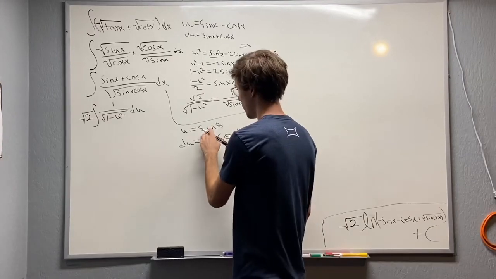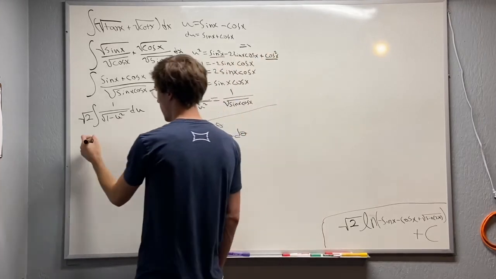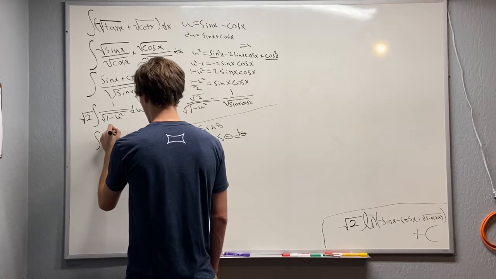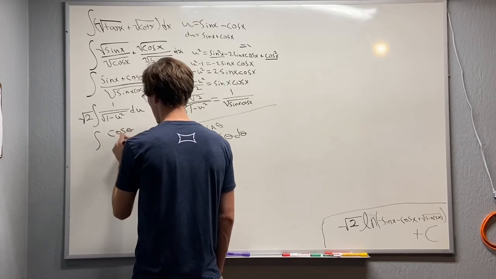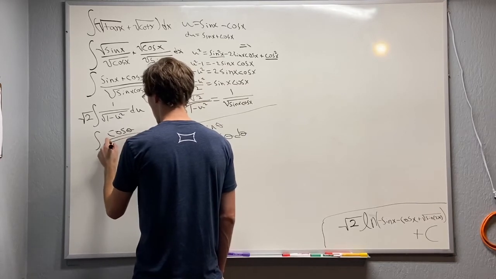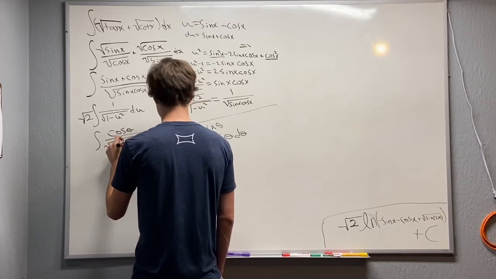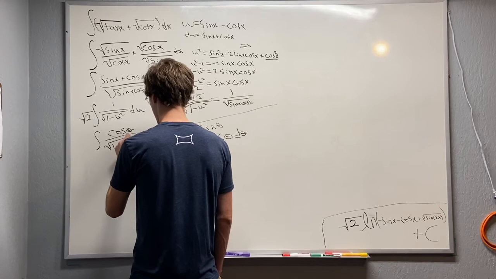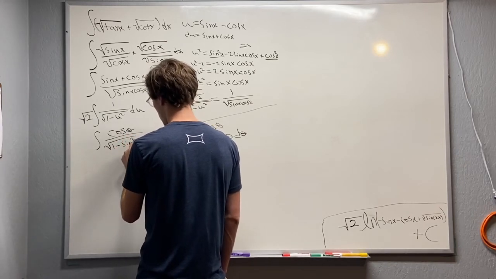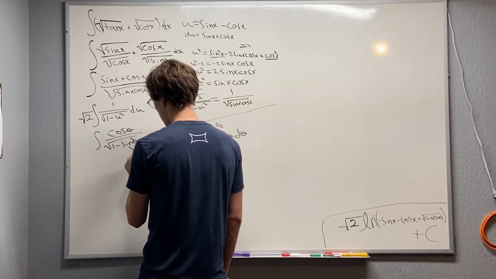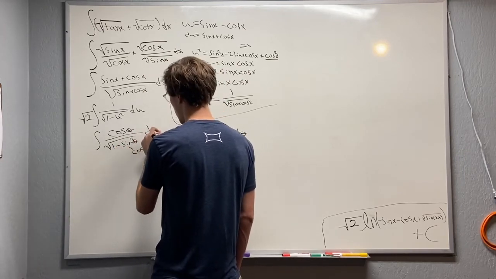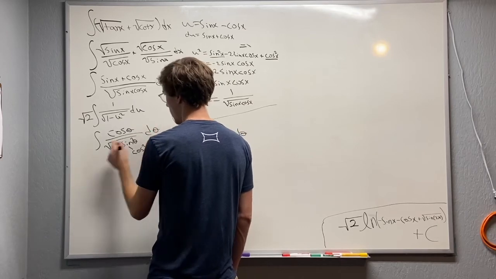So let's do the u sub in here. So we've got the integral of cosine of theta over the square root of 1 minus sine theta squared. And that's also equal to the cosine of theta over the square root of 1 minus the sine squared of theta, d theta.